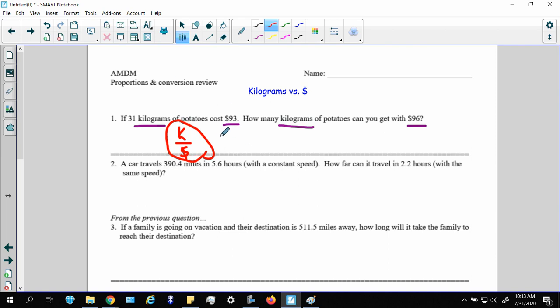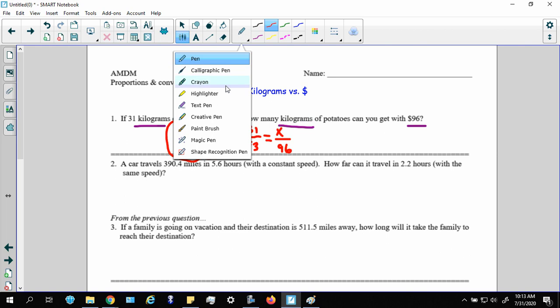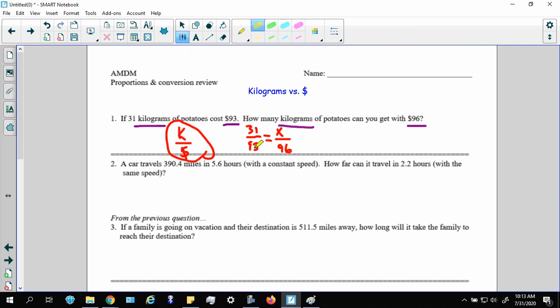All right, so it's going to be 31 over 93. How many kilograms? X over 96. So from here, we're going to cross multiply. I got a highlighter. Cross multiply, and I'm actually going to type this to make it a lot easier and cleaner.